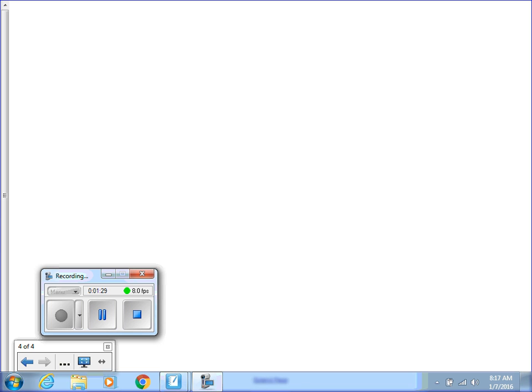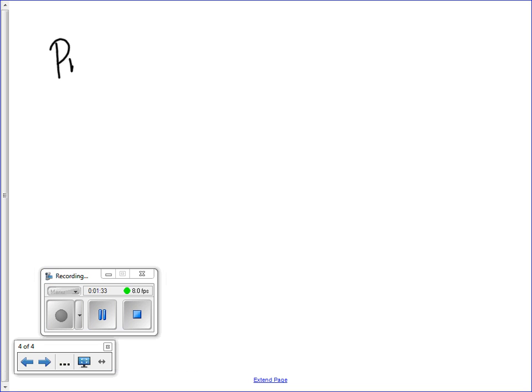Okay, so let's look at the product property. The product property for logarithms. We're going to look at why we need these also. I have a chart.